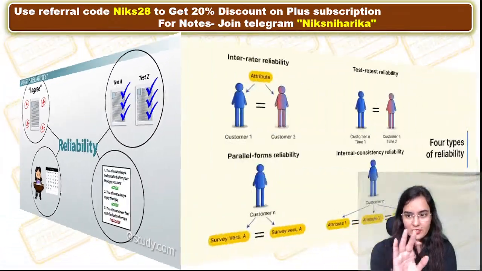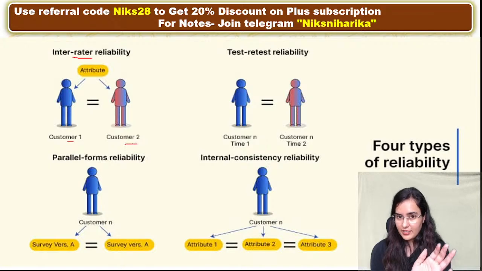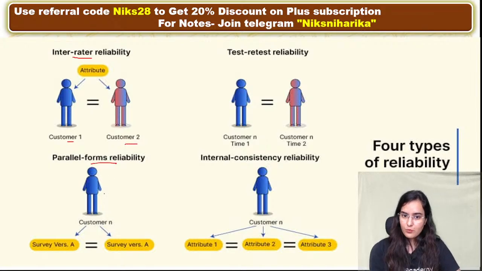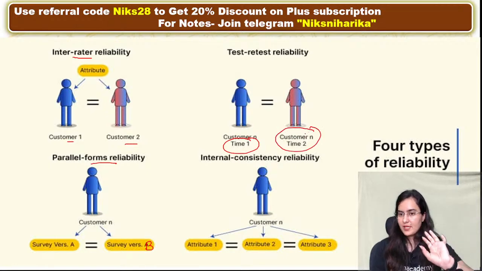Okay, one last page of the class is inter-rater reliability. You can see different people are giving rating. Okay, parallel forms reliability. See, survey A versus survey B, and so on. Test retest reliability. Customer 1 is taking the test in time 1, taking the test in time 2, same.